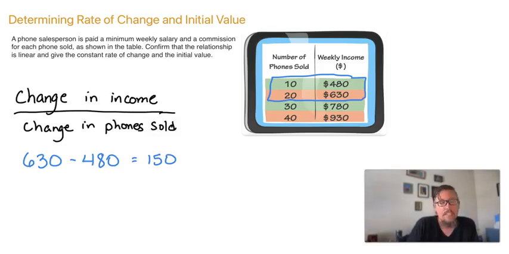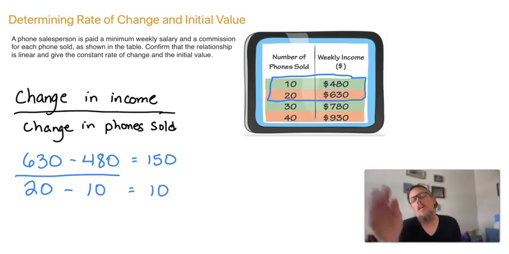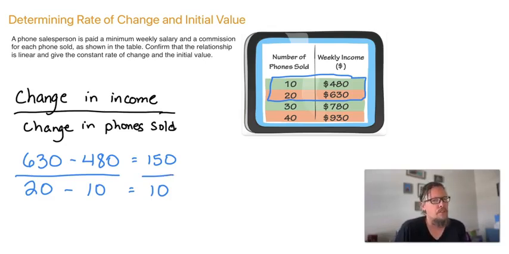Now, $150 is what we got for selling all of those phones. Well, what was the change in the phones sold? Well, we ended having sold 20 phones. We started having sold 10 phones, and of course, 20 minus 10 is 10. So we sold 10 phones and we made $150. What is the ratio of dollars to phones?